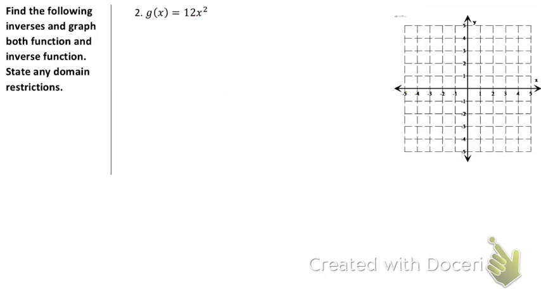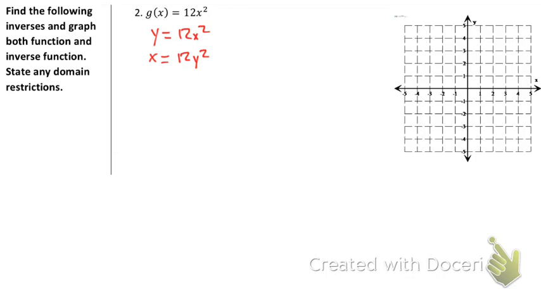Let's try another problem. Okay, so let's find the inverse of G. So quickly, let's go Y equals 12x squared. To find the inverse, flip-flop X and Y. Again, here's that flip-flop step. We're switching X and Y here, just like we switched the X and Y in the points.